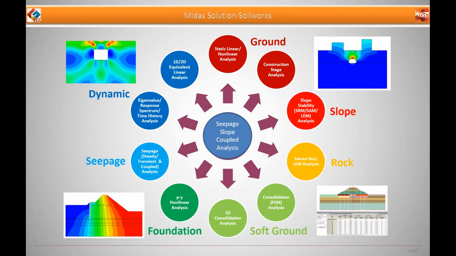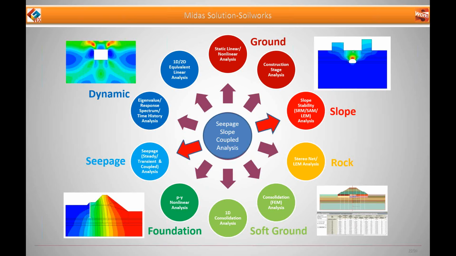For the seepage slope coupled analysis, as I discussed earlier, you need two modules, the slope module and the seepage module. Basically, in the coupled analysis we first perform the seepage analysis, let's say on a dam. Then we extract the pore water variation in the dam and take the pore pressure results to the same model in the slope module.